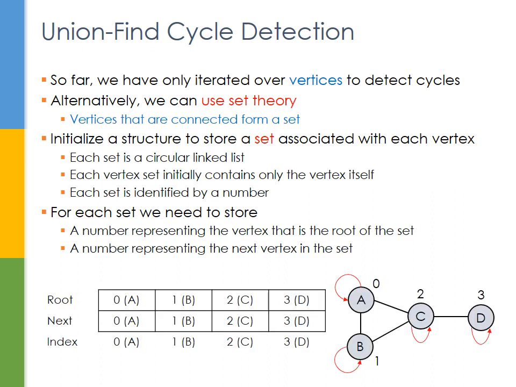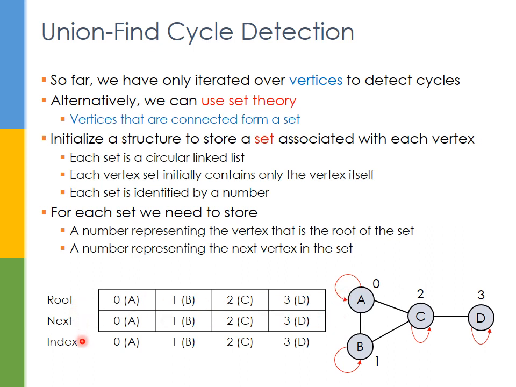Right, so this is what the structure would look like for a fairly simple graph. This is the graph over here. So you can see we have 4 vertices, and we have edges that connect these vertices, and this is an undirected graph once again. So our storage structure then is essentially 2 parallel arrays, one there and one there.